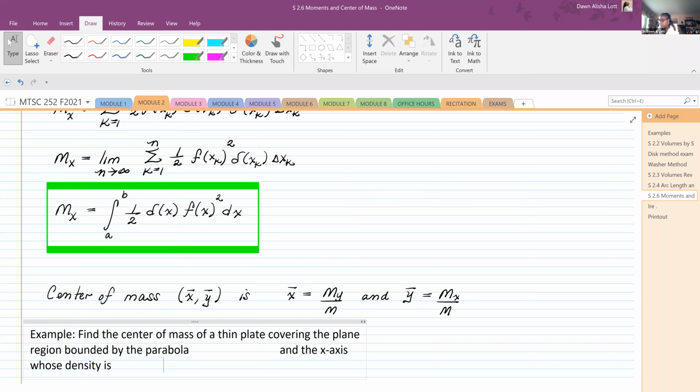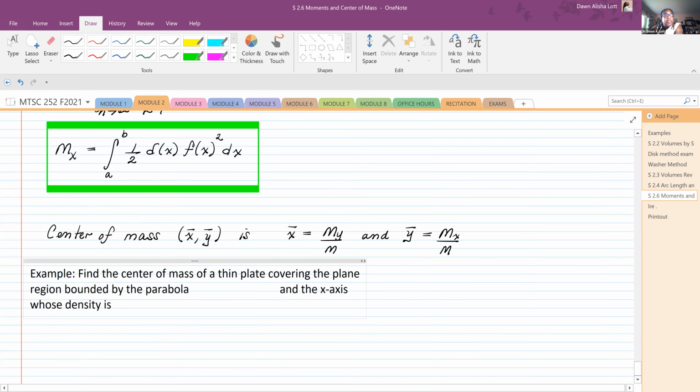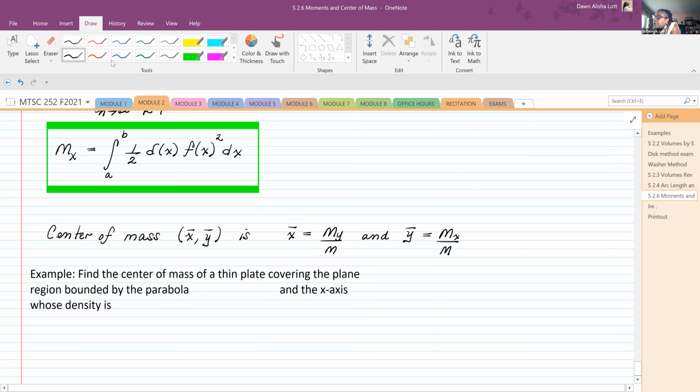Okay, so here we go. So we have a plane region. It's got a thin plate over top of it, and we're trying to find the mass of it. So y is equal to 4 minus x squared, and the density delta is equal to 2x squared. Okay, this is the most basic of easy kinds of problems.